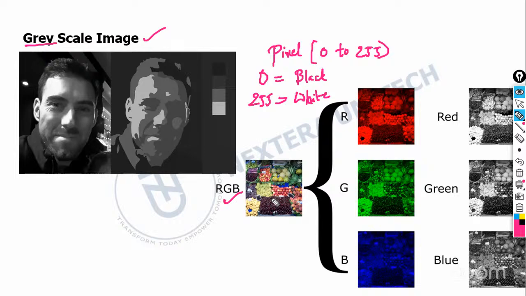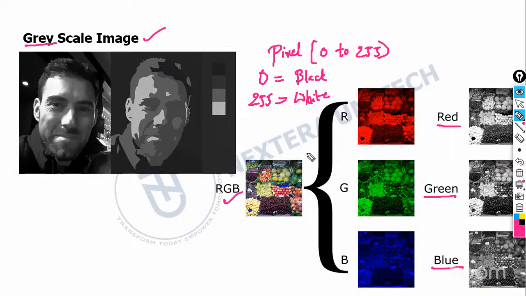Now let me talk about RGB image. RGB stands for red, green, blue, where R stands for red, G stands for green, B stands for blue. So an RGB image generally represents a color image. Since this is black and white, which is a grayscale image, RGB image represents color images.